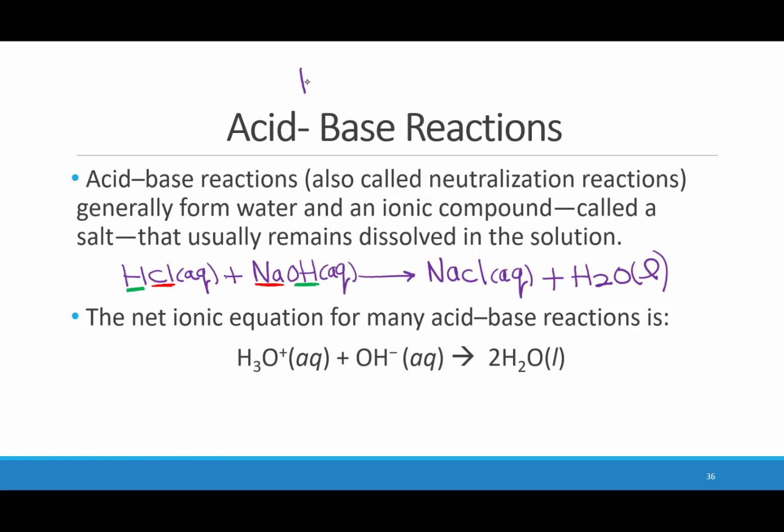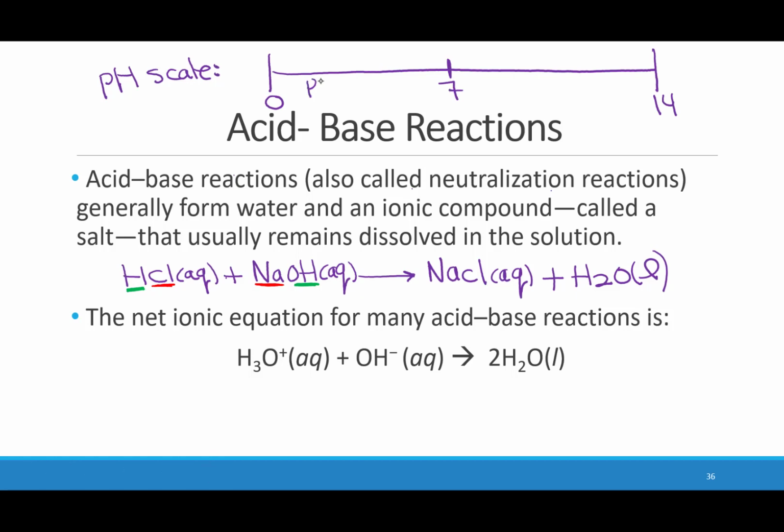Then if this is a pH scale, it goes from 0 to 14, and the midpoint is 7. If your pH is less than 7, the environment is acidic. Okay, and if the pH is greater than 7, up to 14, it's basic.